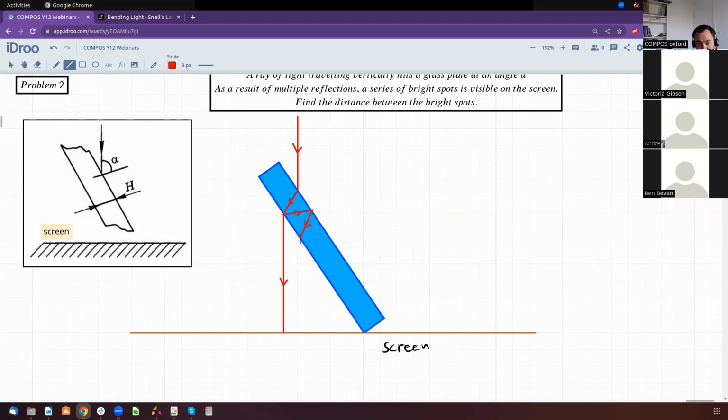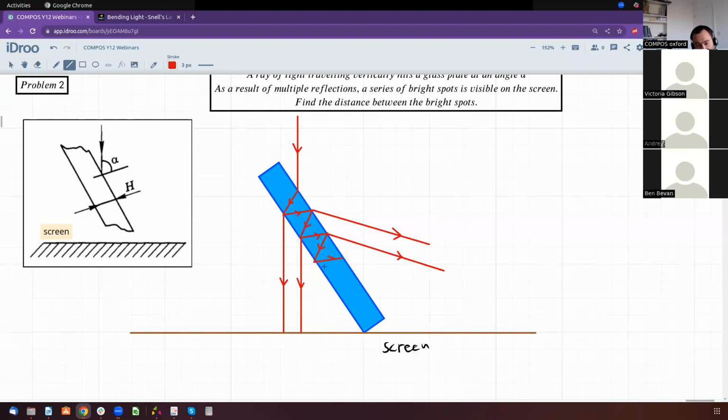And now it will refract again. It will travel like this. Here it will reflect again. Some of the light will certainly escape. So here, light would travel like this, probably. Travel like this again, and reflect.